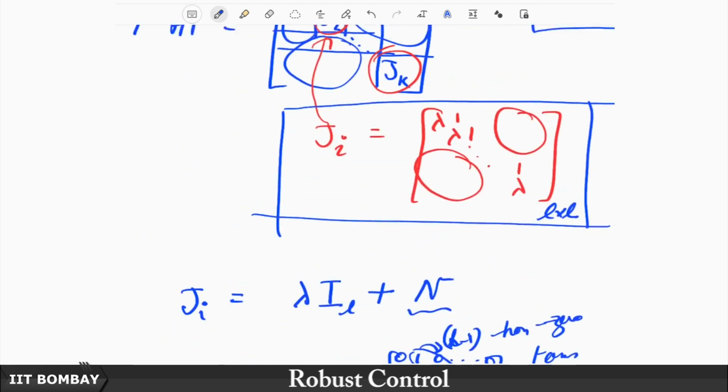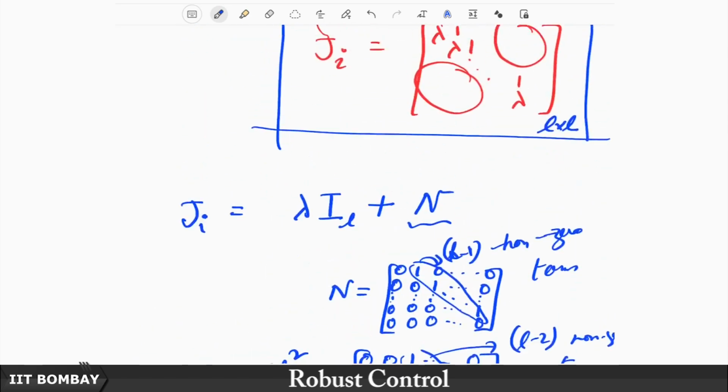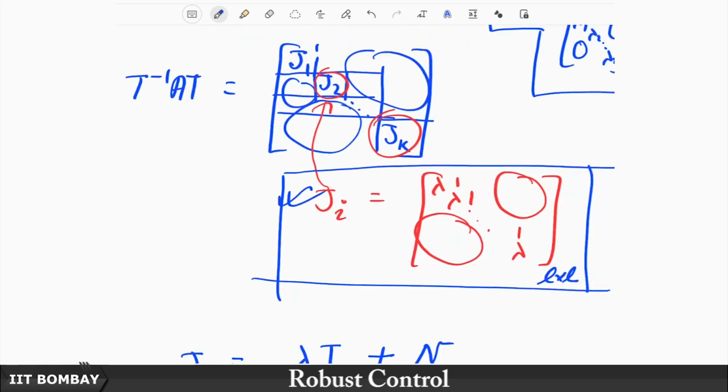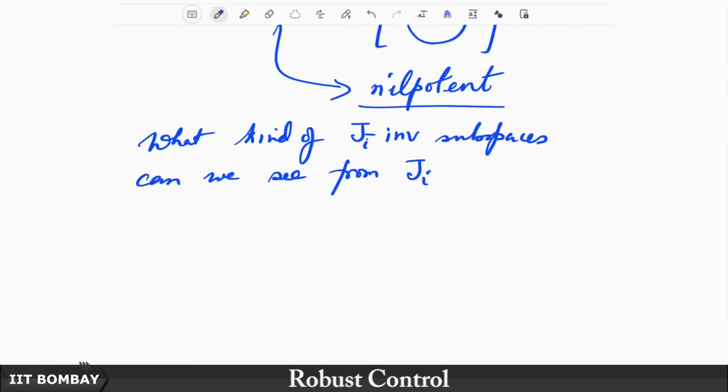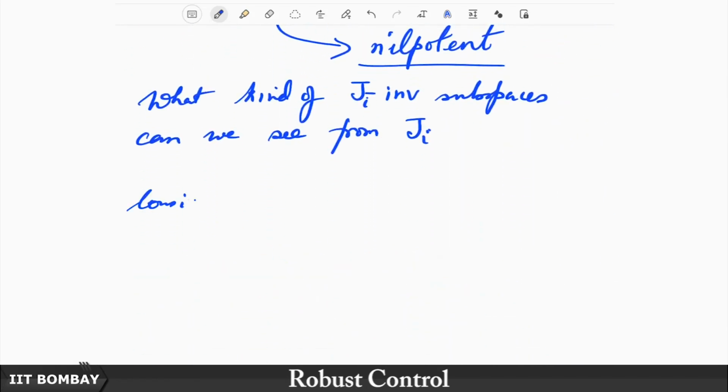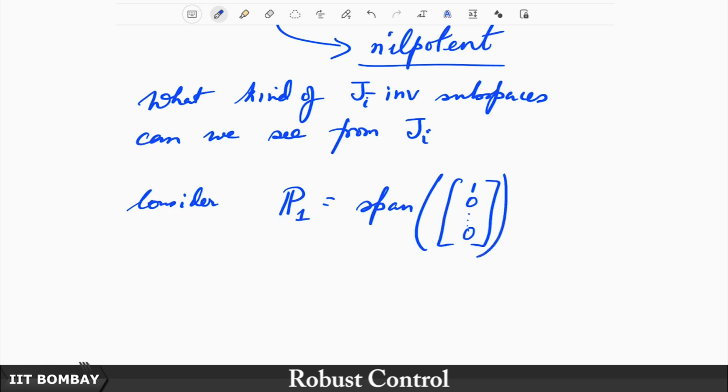So, look at the structure of this Ji. This is the structure of the Ji. And now try this. Let us say P1 is equal to span, not spam, span of (1 0 0 0).